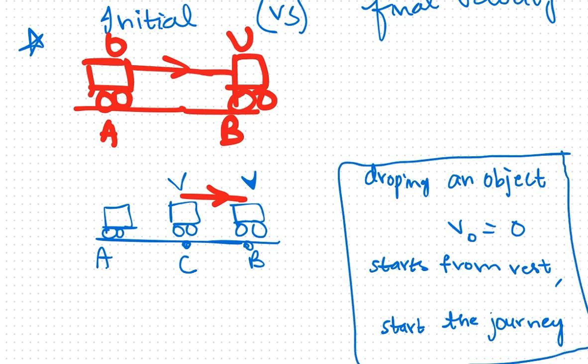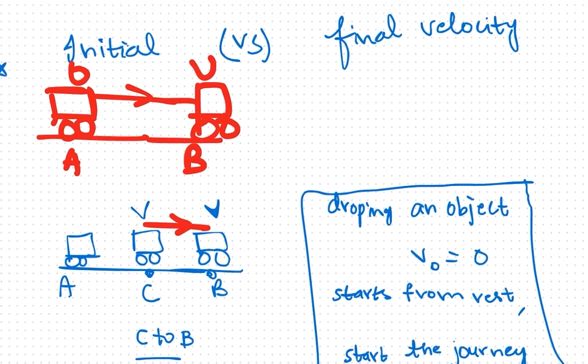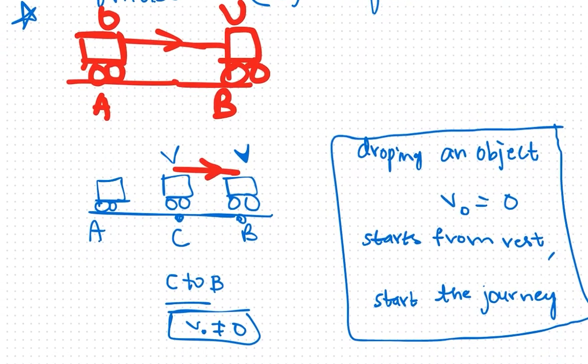But obviously from C to B, V naught is not 0. Initial velocity means, in the time interval which you are considering, what is the starting velocity.